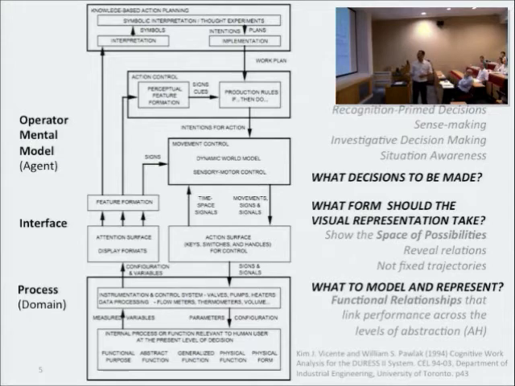Okay, the processes that you're controlling through to the interface onto the mental model of the operator, sometimes known as the agent. What they're showing you over here is something called the abstraction hierarchy. Okay, how you decompose a system into its different levels of abstraction, so that you have high-level purposes, let's say profit or system safety, whatever that may be, right?